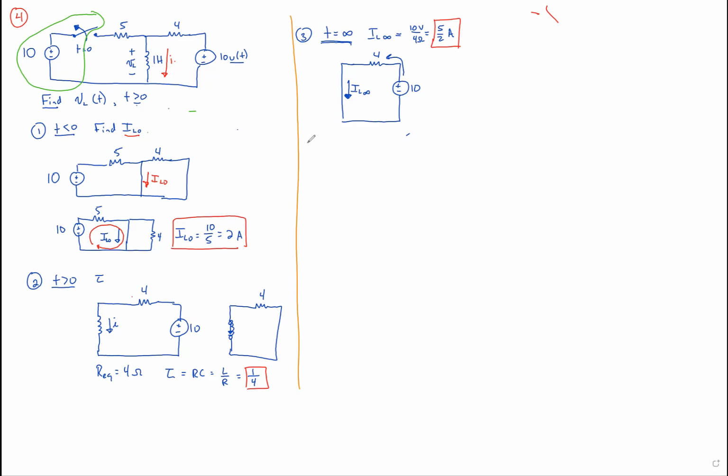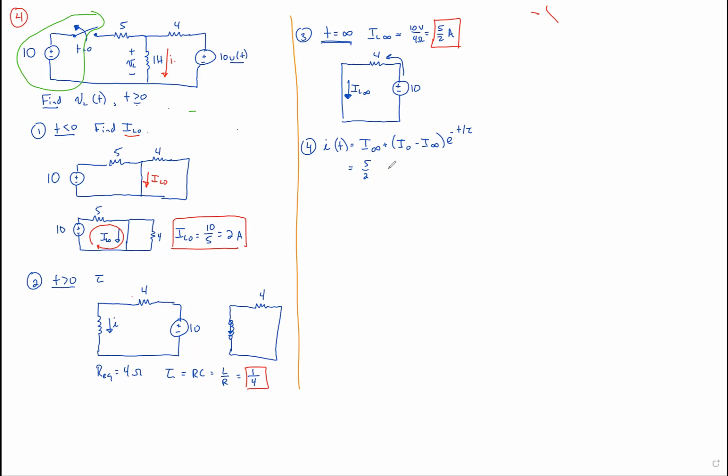4th step is to put it all together and say I sub L is going to be, actually, I don't even need to say I sub L. We just have one current defined here. So I of t, where we know it's the current through the inductor, is equal to I of infinity plus I of 0 minus I of infinity times e to the minus t over tau. So we said I of infinity up here is 5 over 2.